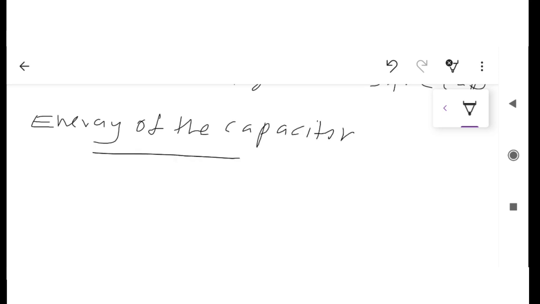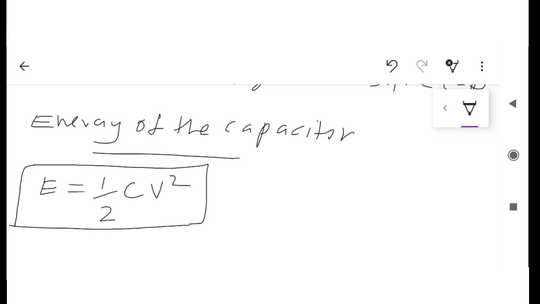Okay, next one is the energy of the capacitor. Here the formula is equal to half CV square. This is the main formula for the energy of the capacitor.